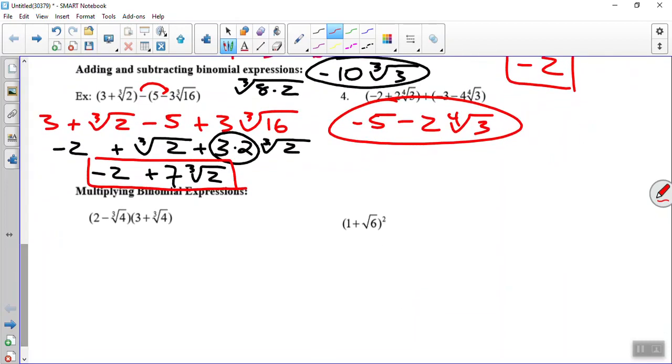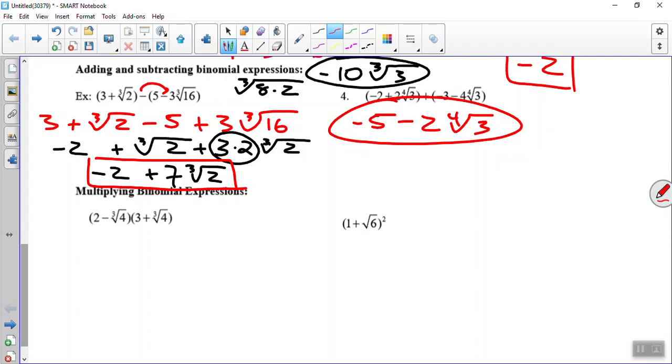Multiplying binomial expressions, also known as foiling, or you need to use the FOIL method to do this. But you're going to get some different numbers you may need to simplify. All right, we'll do both of these together.